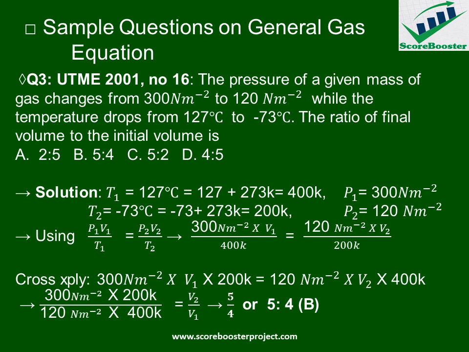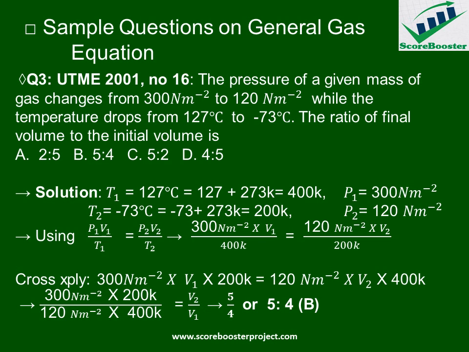Now on to solution. So as usual, the first step is to write out the given parameters. From the question we're given the initial temperature to be 127 degrees Celsius, which we convert to Kelvin by adding 273. So 127 degrees Celsius equals 127 plus 273 Kelvin, making 400 Kelvin.